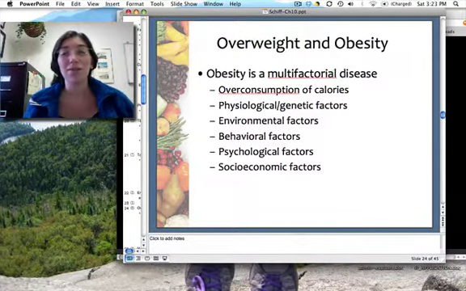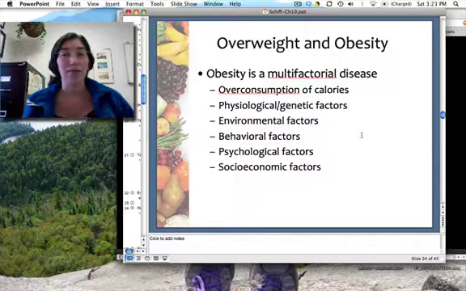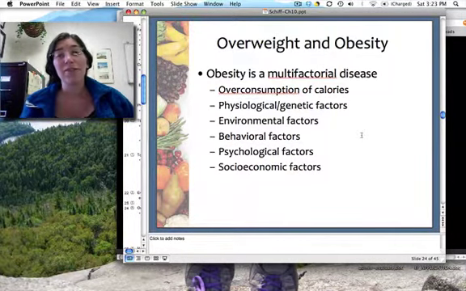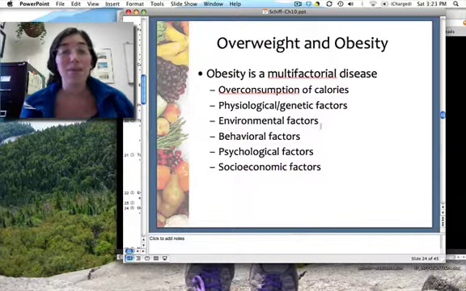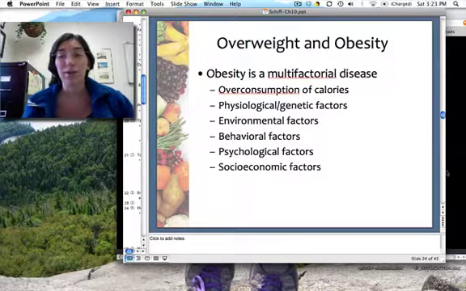Obesity is what we call a multifactorial disease. There are lots of factors that contribute. So overconsumption of calories is a major issue, but physiological and genetic factors can also play a big role. Environmental factors that we'll talk about, behavioral factors, psychological, and socioeconomic factors are all different factors that contribute to overweight and obesity.